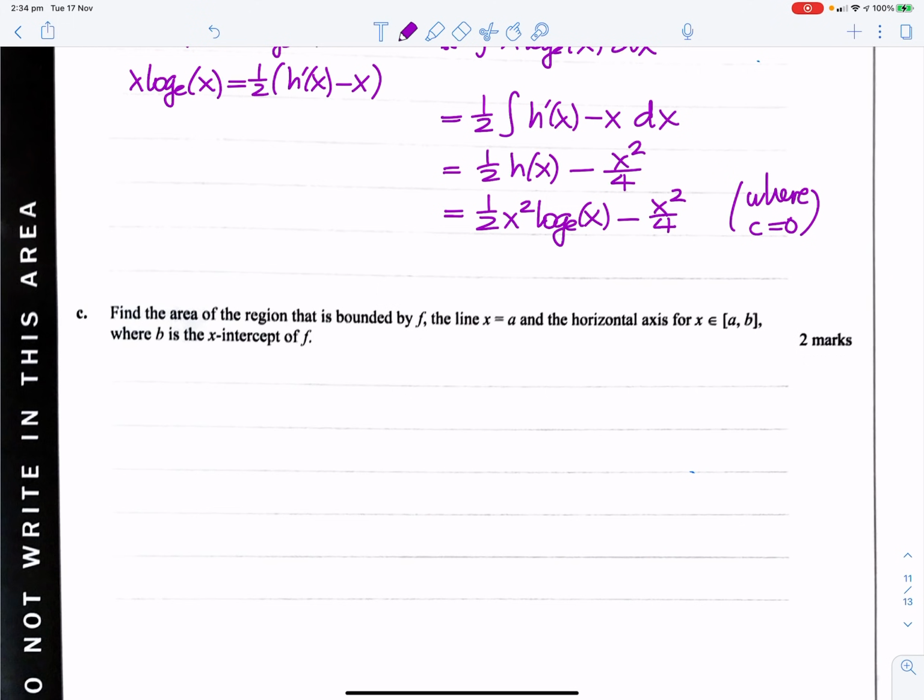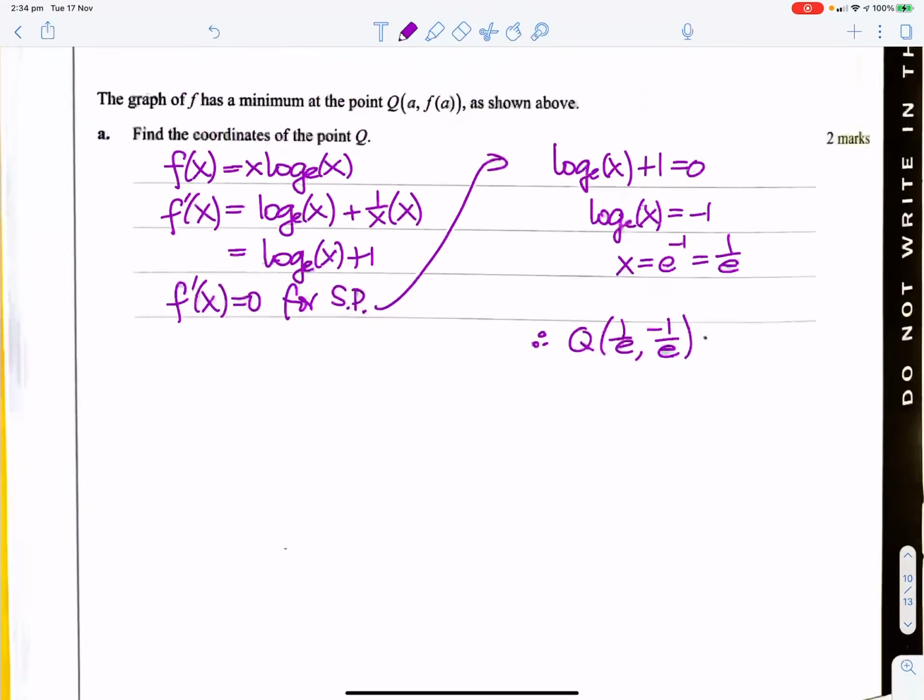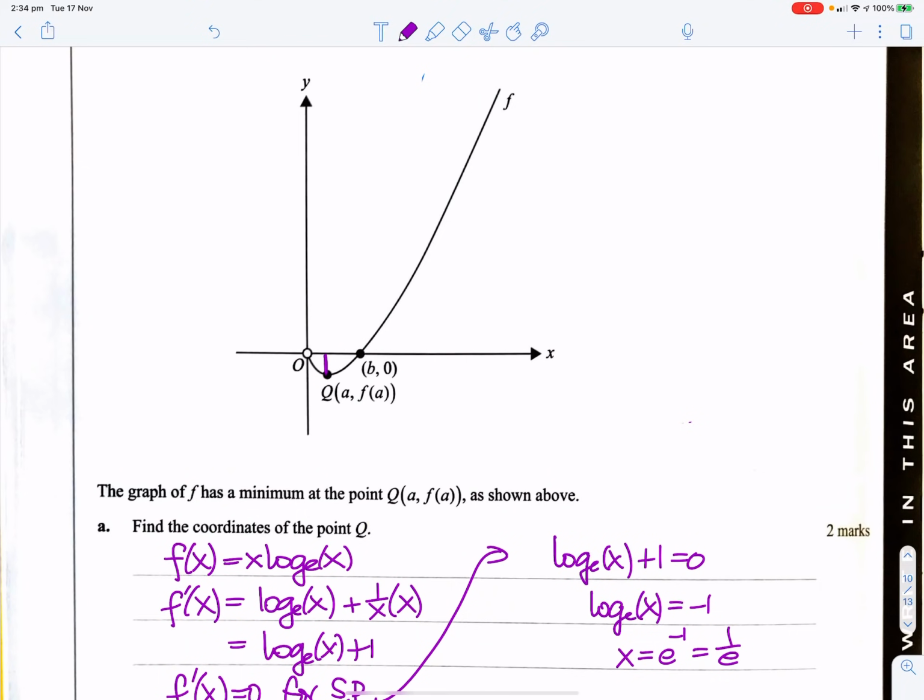Okay, the area of the region that's bound by the line f, the line x equals a, and the horizontal axis, for a to b, where b is the x-intercept of f. So we know a is 1 on e.